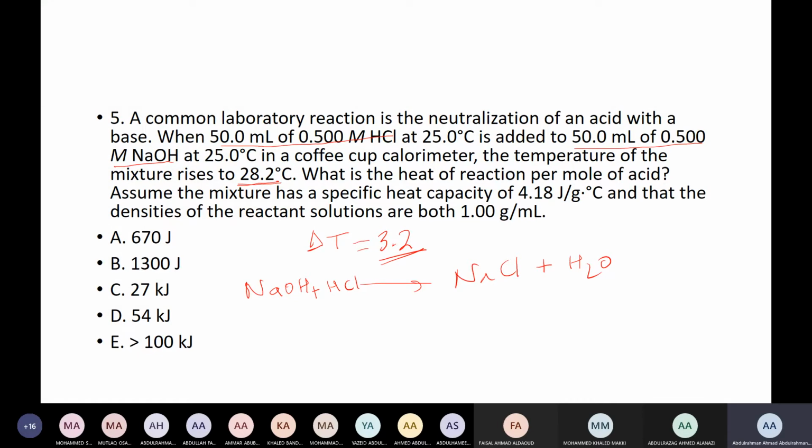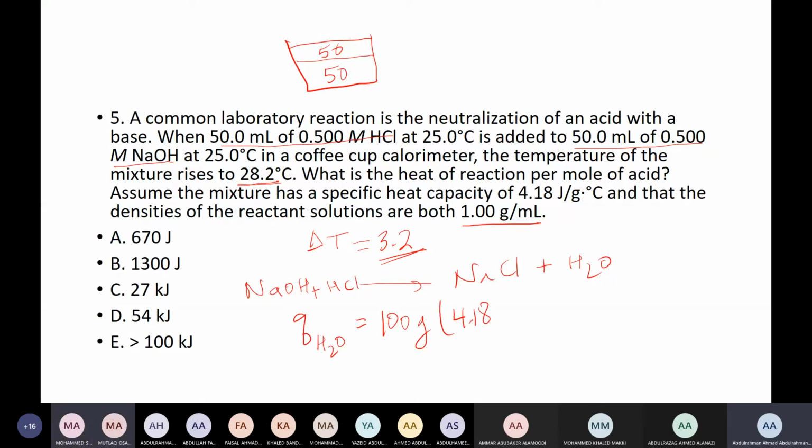Okay, now what's the Q of water? We mix 50 from the acid with 50 from the base. So what's the total volume? 100. And what's the density? Density is 1. So what's the mass of water? 100 gram. What's the specific heat of water? 4.18.